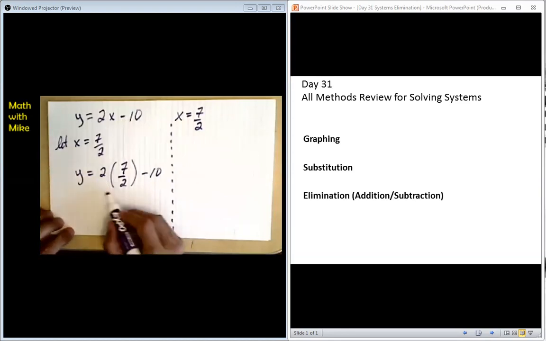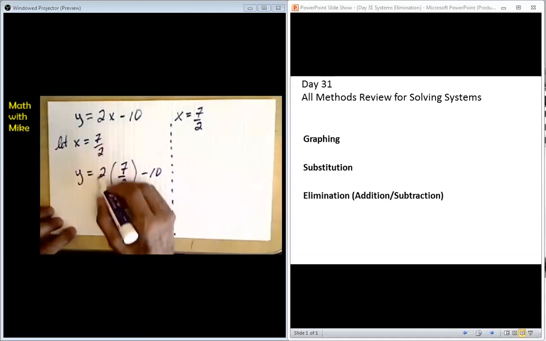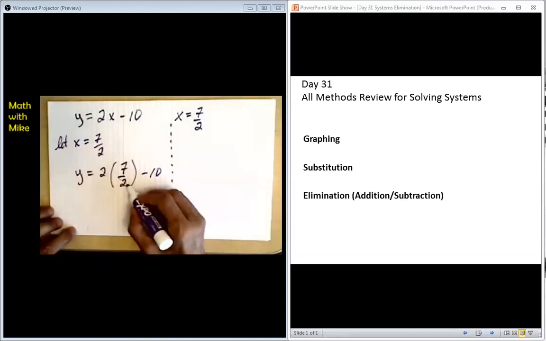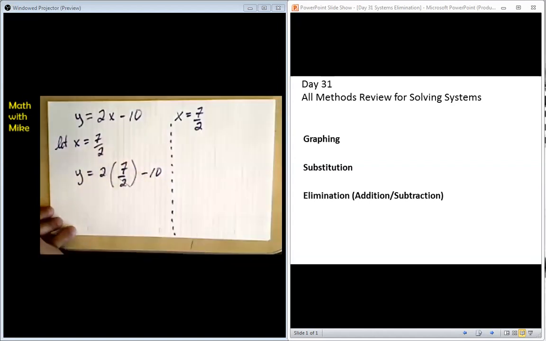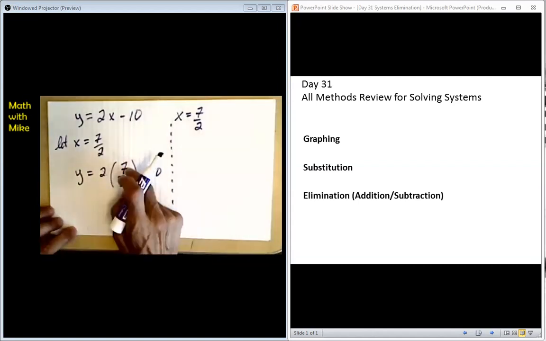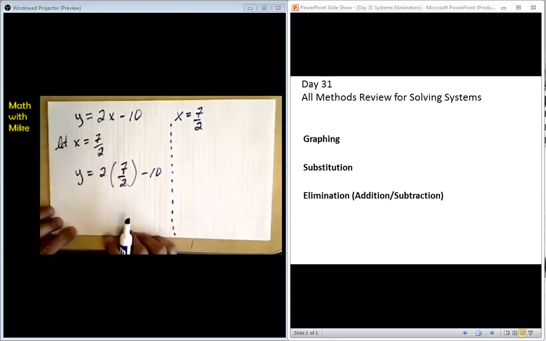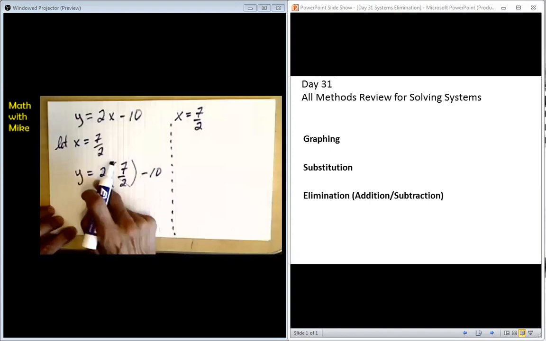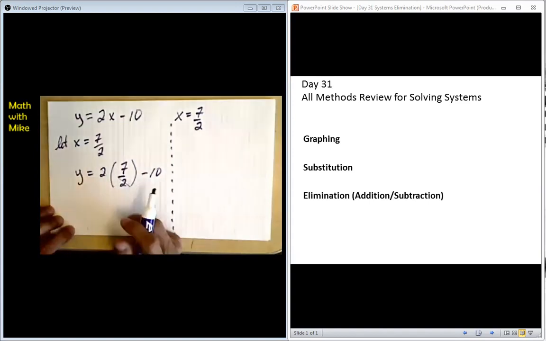Everything's all multiplied and divided, right? So these can divide out with one another, and that leaves 7 only in that location. If these weren't the same, then they wouldn't cancel out like this. You'd have to leave them.